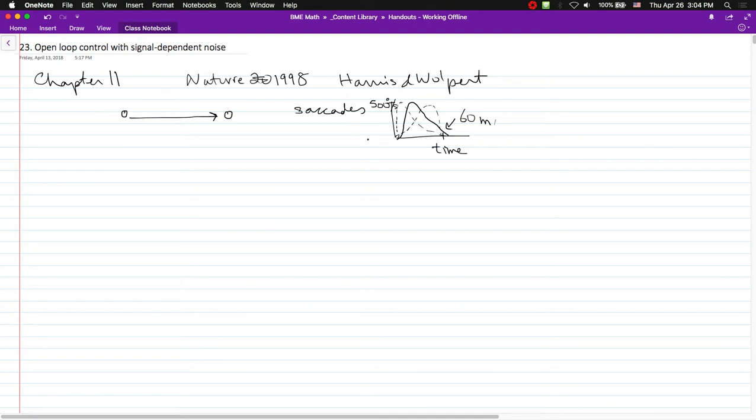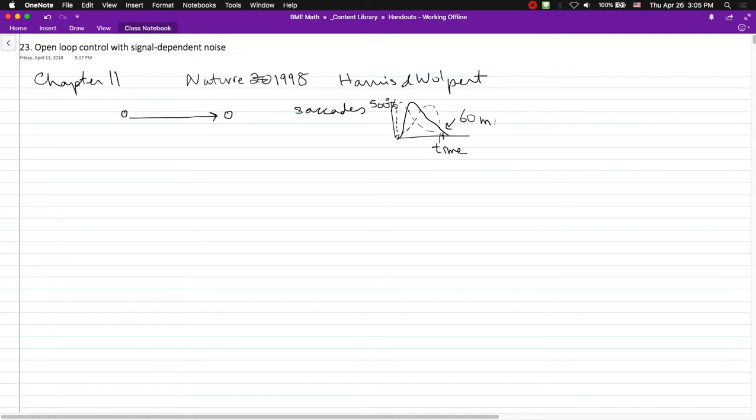So their idea was that the particular way that the nervous system moves your body is based on a principle that says there's noise in the nervous system. That noise causes variability from movement to movement. And what you're trying to do is to get to the goal, where the goal is, and to get there with least variance as possible.